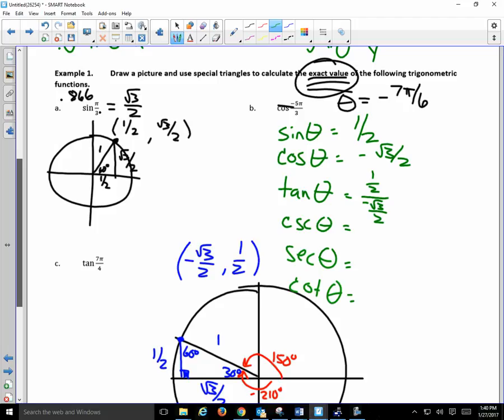How do I do that? Multiply by the reciprocal. So times negative 2 over the root of 3. What happens to the 2's? So I get negative 1 over the root of 3. Can I have that? Multiply top and bottom by the root of 3. I get negative root of 3 over 3.